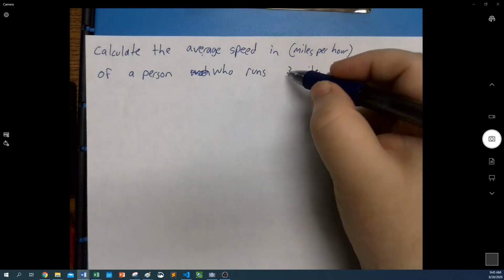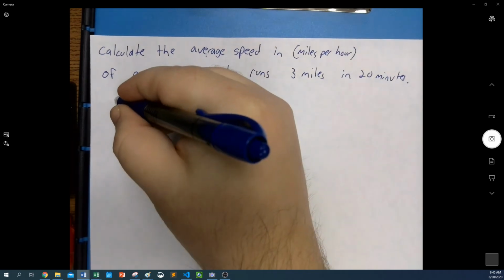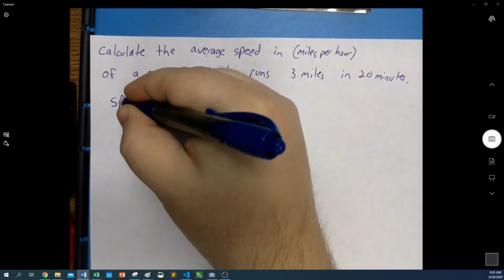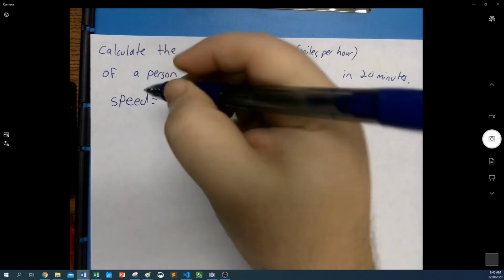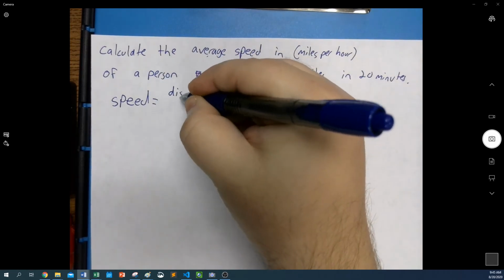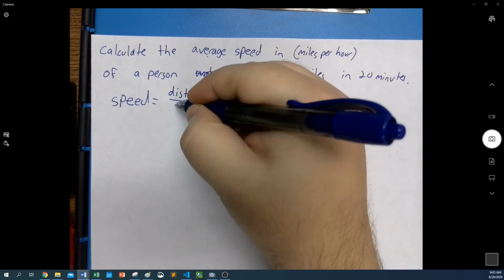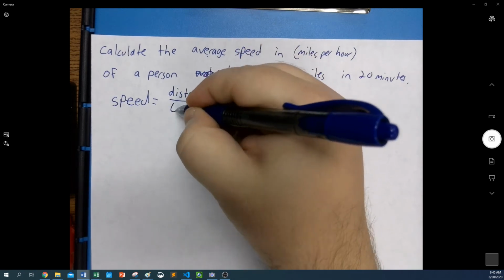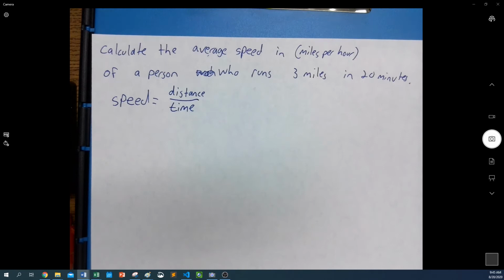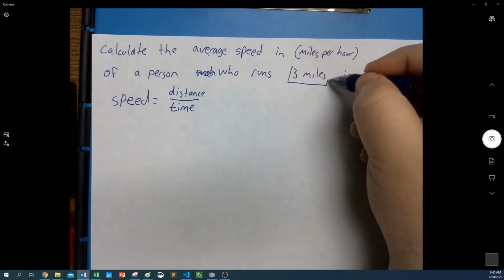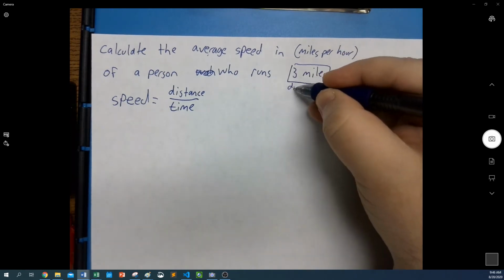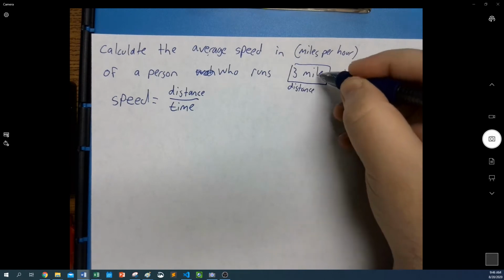So, the speed. Speed equals distance over time. This would be our distance in miles.